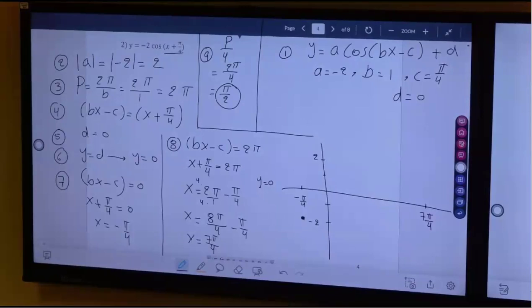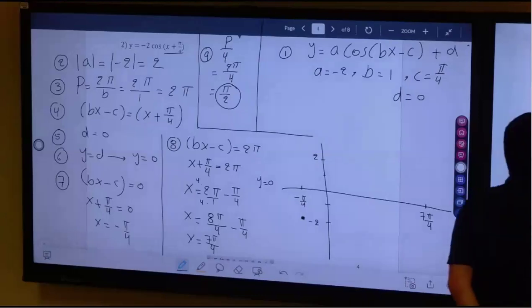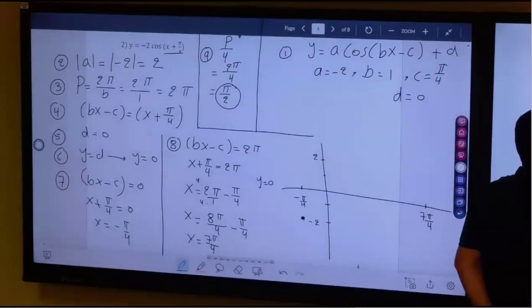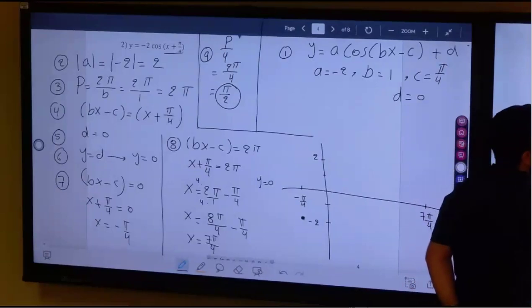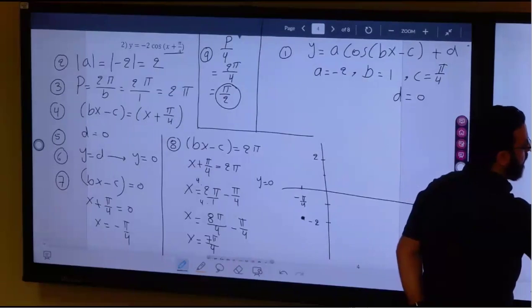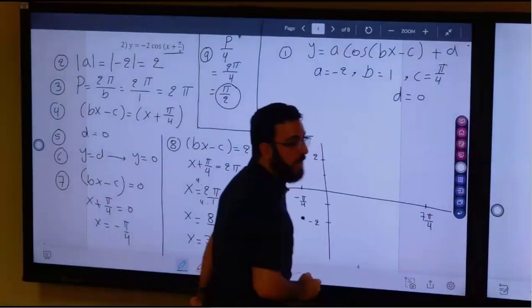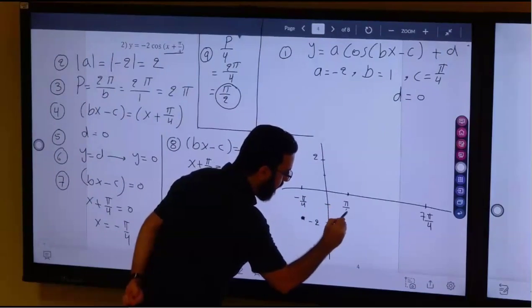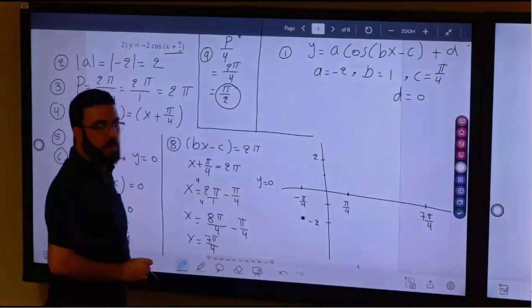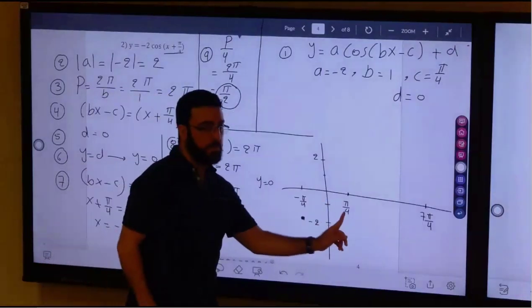Convert to pi over 4, because we're going to multiply by 2. So it's negative pi over 4 plus 2 pi over 4, and then it's going to be pi over 4. So the next point is pi over 4.